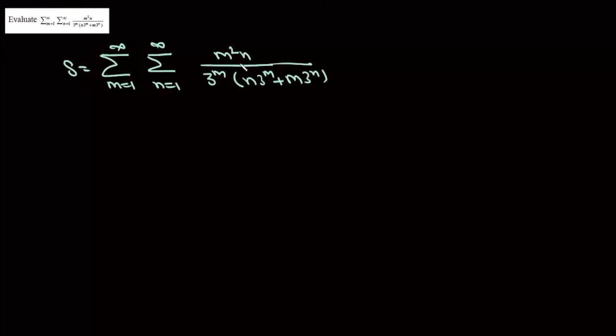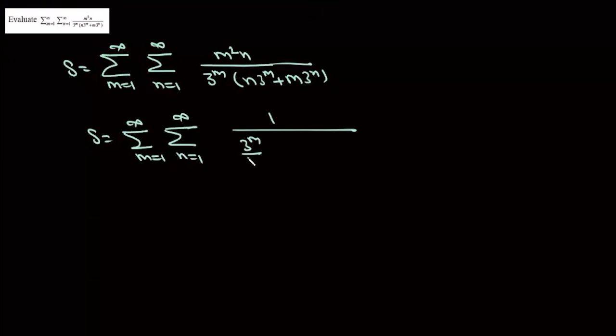Now what we'll do is we'll divide everything with m square n. We can write this sum as summation m varies from 1 to infinite, n varies from 1 to infinite, and this is 1, and we'll split as m and mn. So there'll be 3 to the power m by m plus 3 to the power n by n.